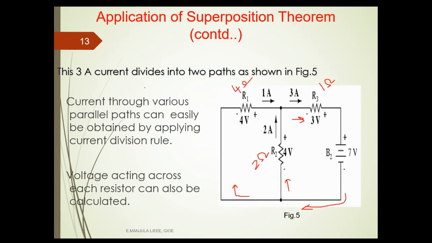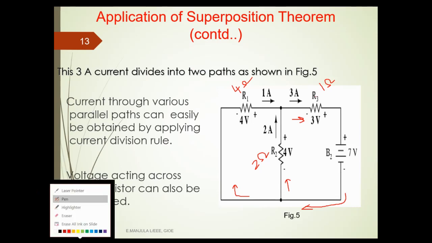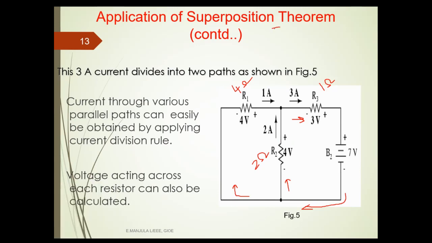When we considered the B1 battery, we calculated the current division. With the same process we have to calculate the current flowing through R2 and R1. For example, the current flowing through R1 is the total current 3 amps into, since we are calculating for R1, we consider R2, that is 2 ohms, divided by 4 plus 2, 6.